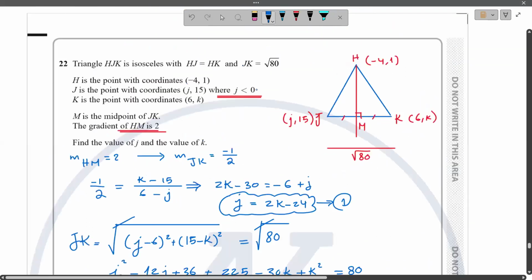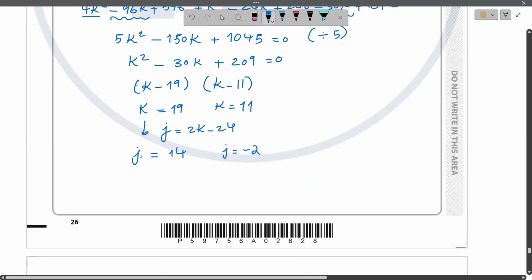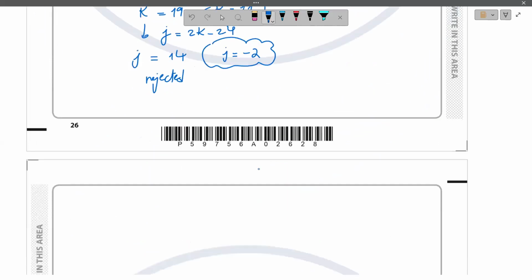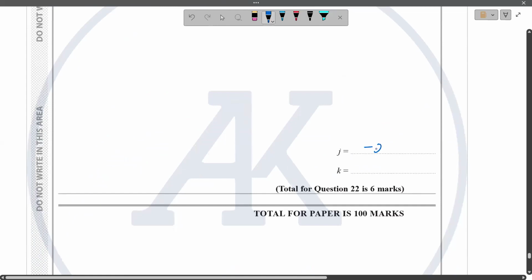As we said in the beginning, j is less than 0, so this is rejected. And the answer will be k equals 11, j equals negative 2. And that's it.